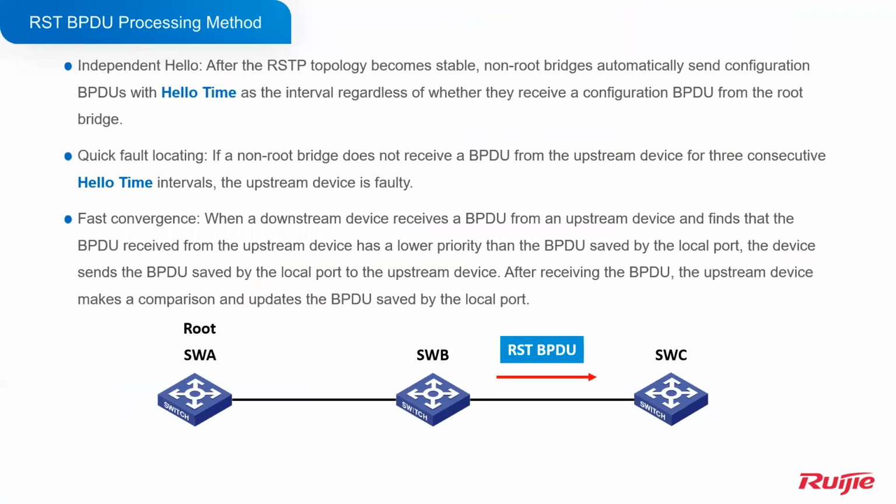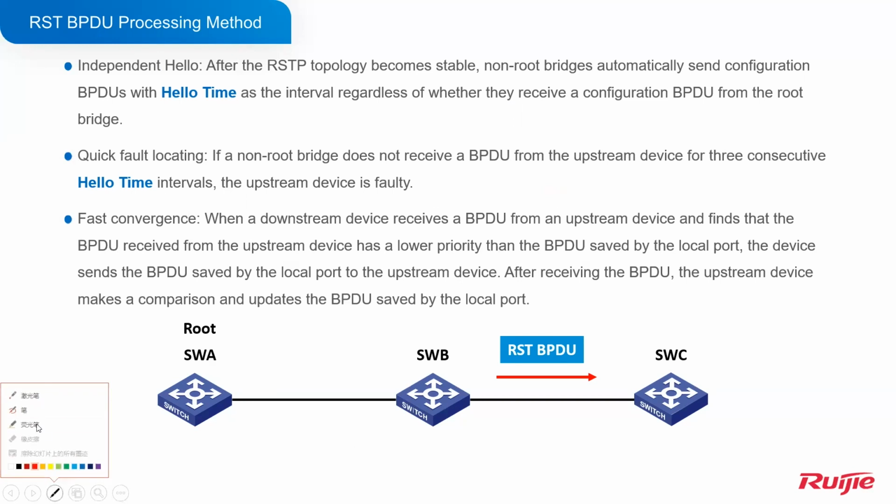Next, let's see the RSTP BPDU processing method. It has independent hello. After the RSTP topology becomes stable, non-root bridges automatically send configuration BPDUs with hello time as an interval, regardless of whether they receive a configuration BPDU from the root bridge.